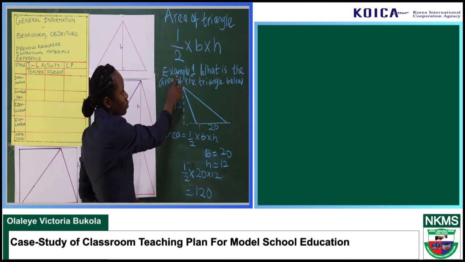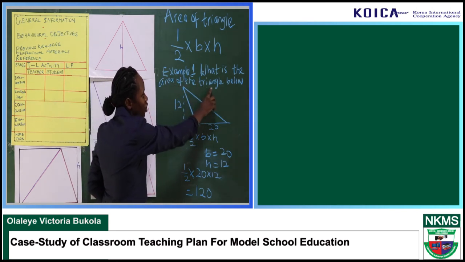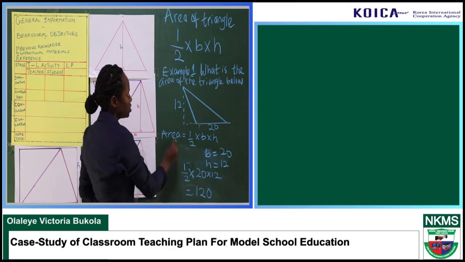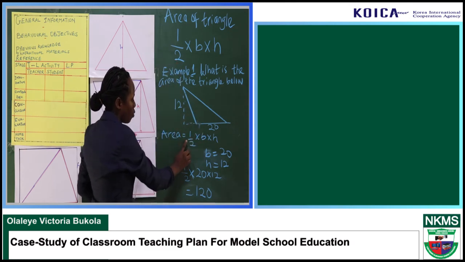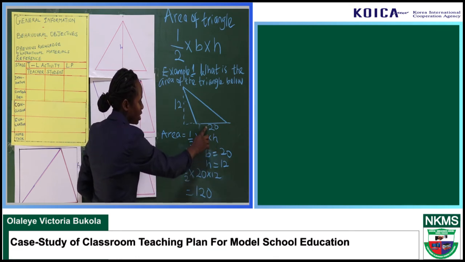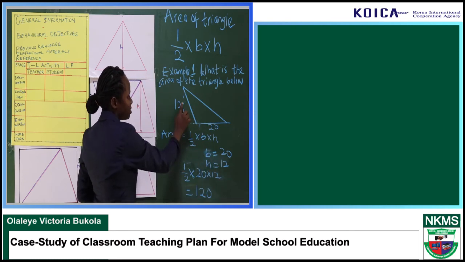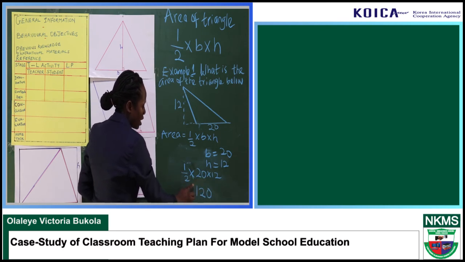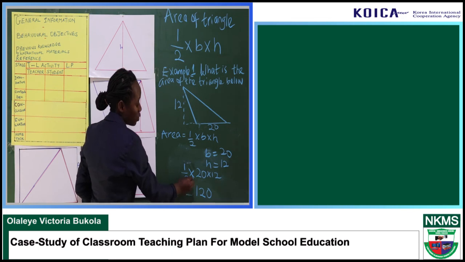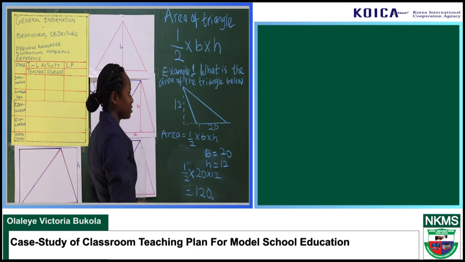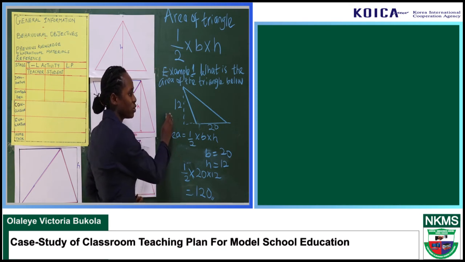Let's take this example. What is the area of the triangle below? We have our triangle. Using our formula here, 1/2 times base times height, where our base here is 20 and our height here is 12. Applying this formula, we'll have half times 20 times 12, and calculating it, we're going to have 120 as our answer. And so this is the area of a triangle.